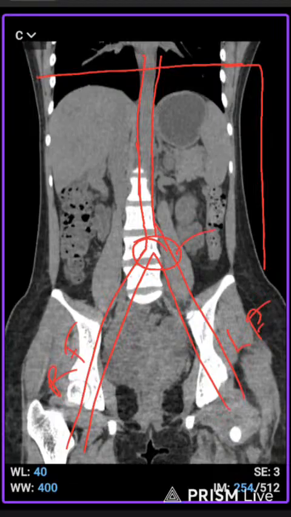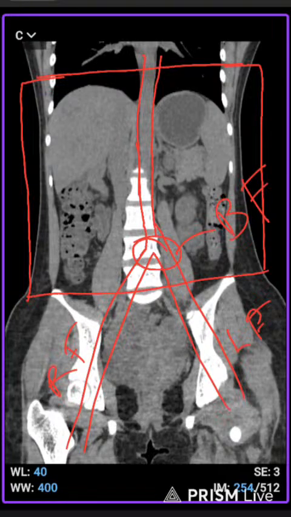It's called the bifurcation. So in the arterial phase you scan just that much FOV. After that you plan the portal phase.